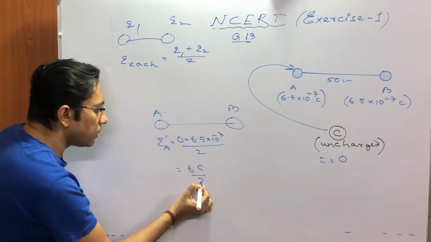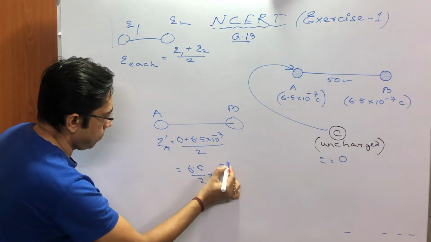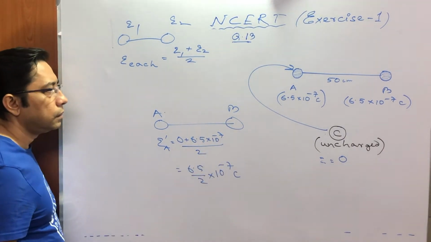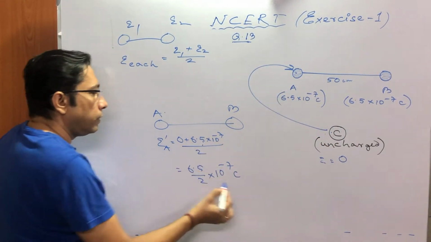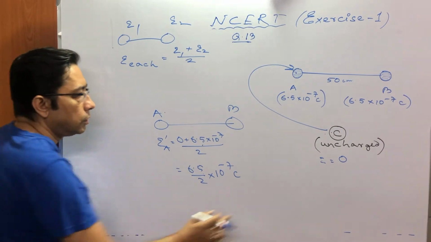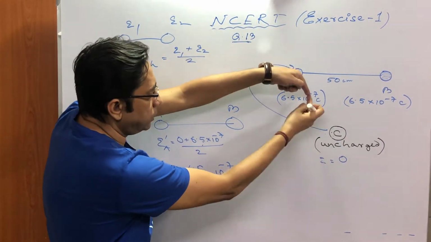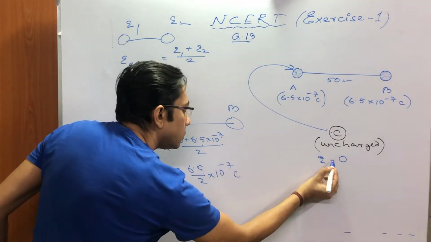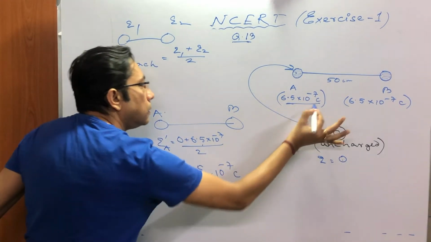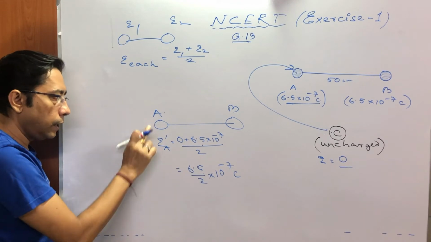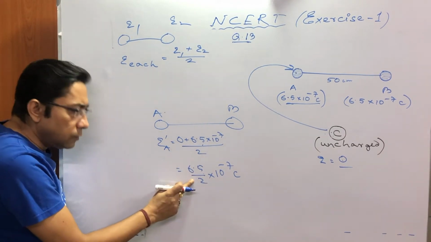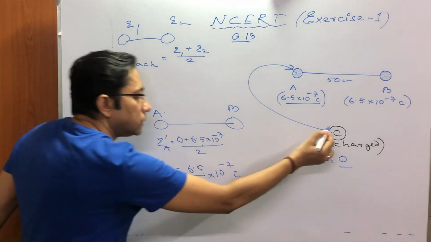Why? Because C and A will share the charge: 0 charge of C plus this, divided by 2. That is 0 plus this by 2. A will retain this much charge, and the same amount of charge C will now retain.